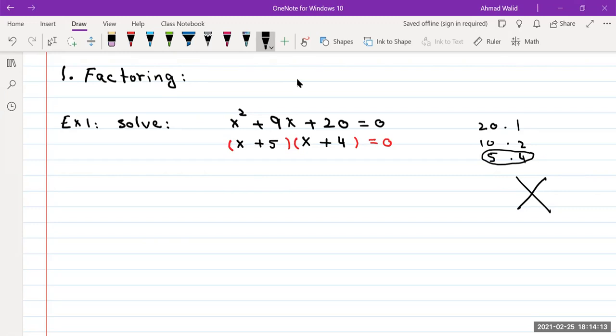There is a principle which we name the zero product principle. What is the zero product principle?